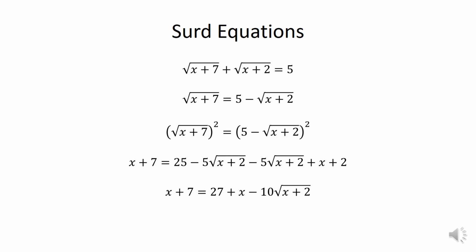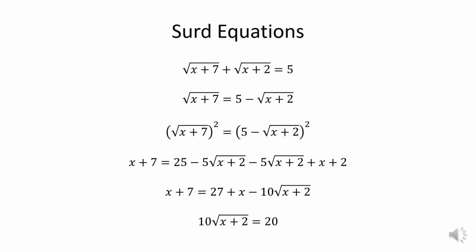You can combine the two minus 5 roots to give you minus 10 root. Adding your numbers, 25 and 2 give me that 27, and I have a plus x there. So we have squared both sides, but we still have a square root.